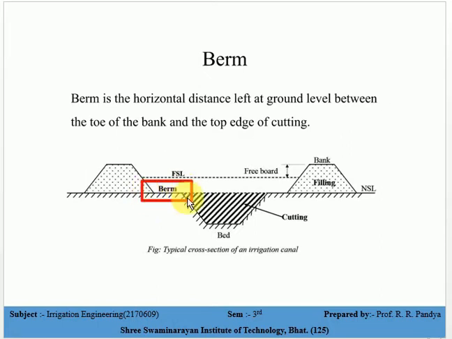This is the top edge of the cutting and the toe of the filling, right? This is the toe. We can see in the embankment also this is considered as the toe of the filling and the top edge of the cutting. The horizontal distance between these two is considered as the berm. This portion is considered as the berm.